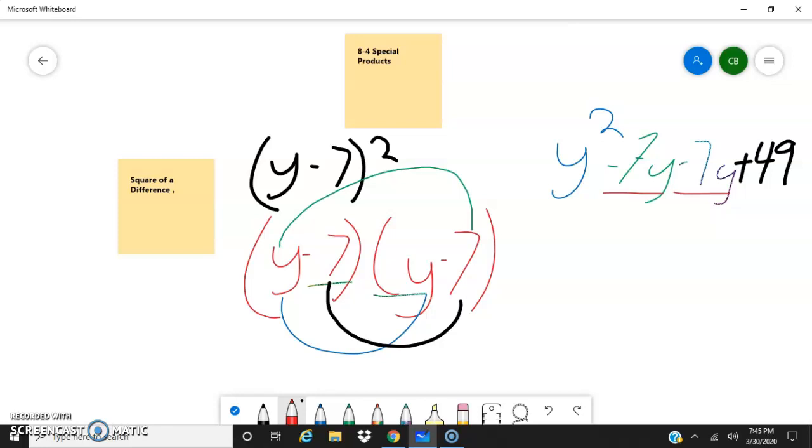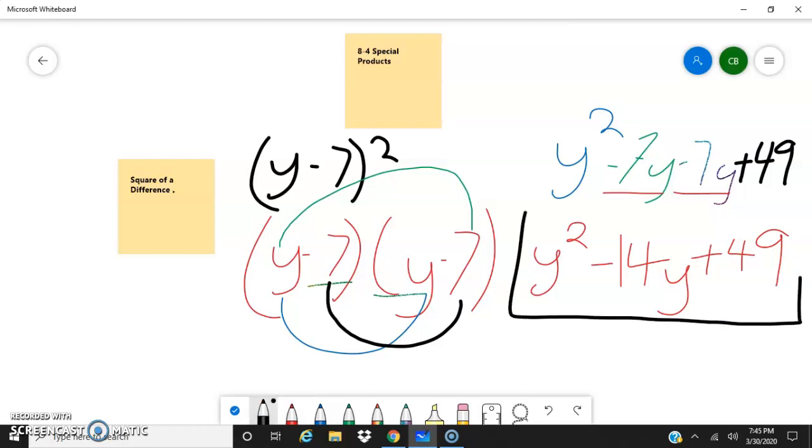Look there in the middle, I've got my y's, I can combine those. So my final answer here is going to be y squared minus 14y, because negative 7 minus 7 is negative 14, and then plus 49. Final answer.